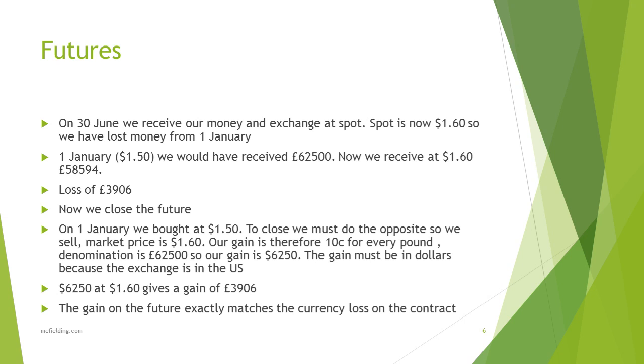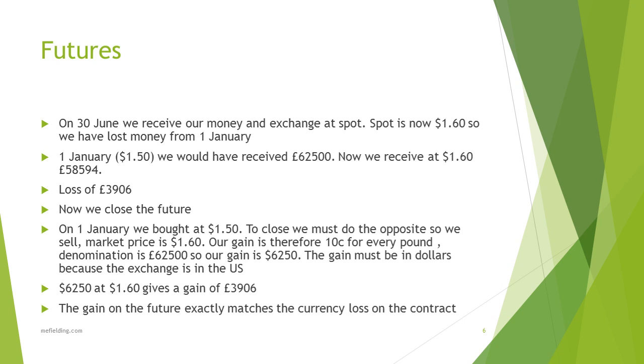You are physically located in Chicago. Your gain is 10 cents for every pound. So your gain is $6,250. So your gain must be in dollars. 6,250 is your gain at the 30th of June. So if you exchange that gain at $1.60 for the pound, it gives you a gain in pounds of 3,906.